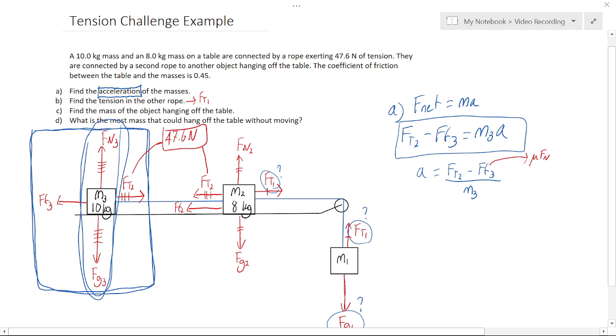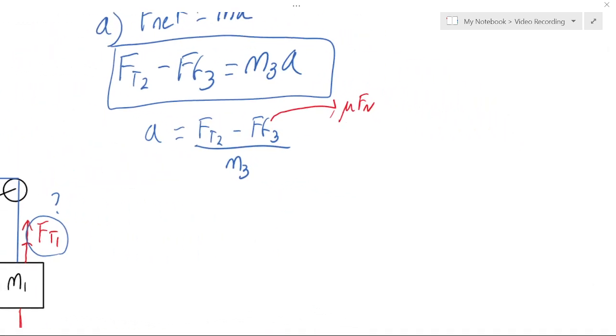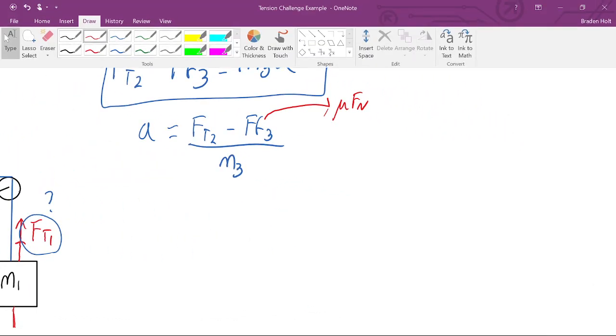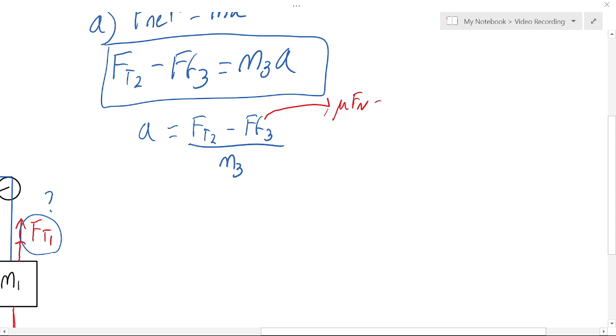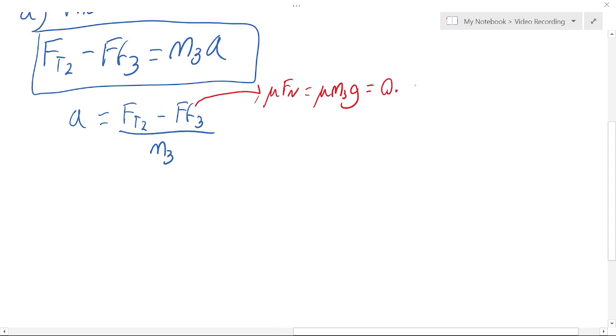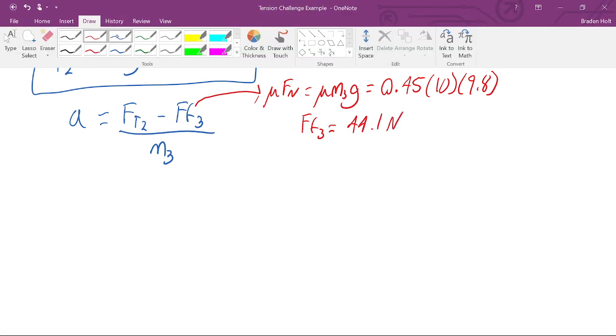So in this case, and in any case where we're sitting on flat ground, Fn is the same as Fg, which is the same as mg. So this is equal to mu m3 times g, which is equal to 0.45, the mu given in the question, m3 is 10, and g is 9.8. And so we find FF3 is equal to 44.1 newtons.